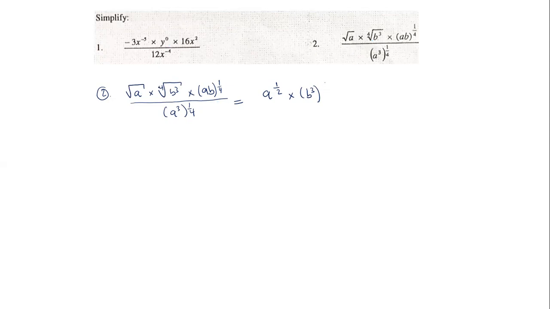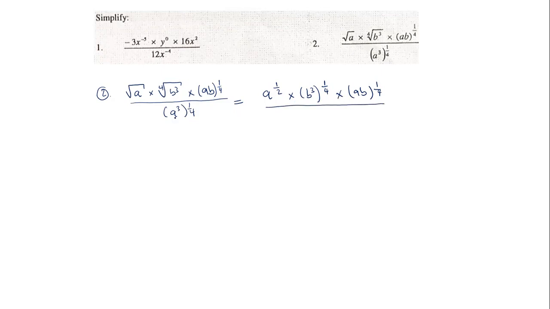Because it's a fourth root, not a square root or a cube root, changing this to exponential form, it's going to be 1 over 4. Multiply by, and then there we have ab to the power of 1 over 4. Let me just write it as it is, because I'll do it with this one. So there I'm going to have ab to the power of 1 over 4.